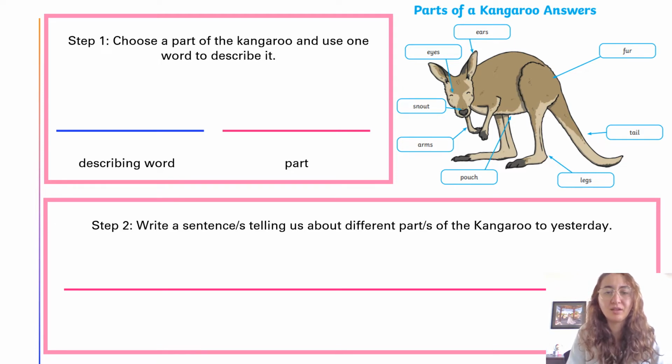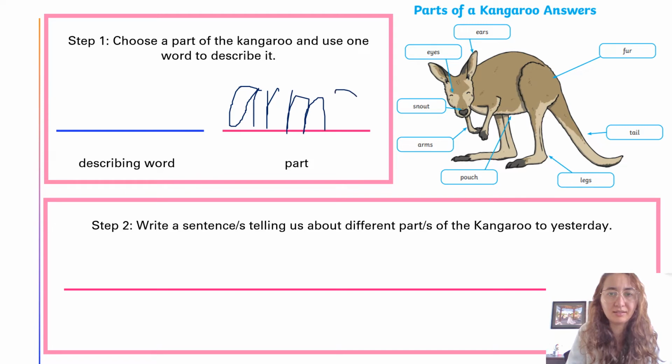On where it says parts, you need to write the part you chose. I'm choosing arms. So A, R, M, S. So arms. There we go.